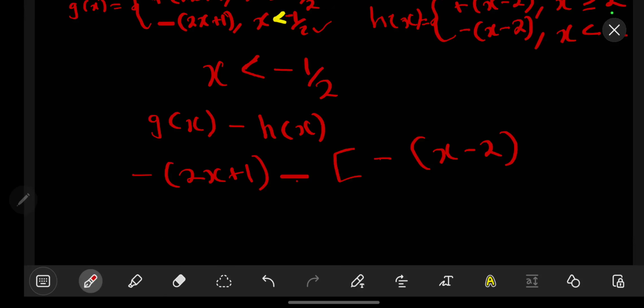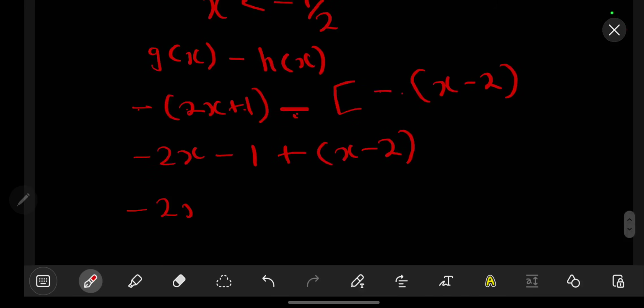Negative times negative will be positive. This negative times this will be -2x. This negative times this negative, -1. Negative times negative is positive. Then we have x minus 2, like that. We have -2x, then -1. This by this gives us plus x. Then minus 2.